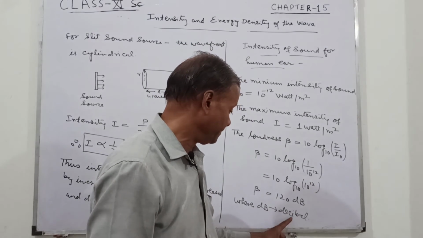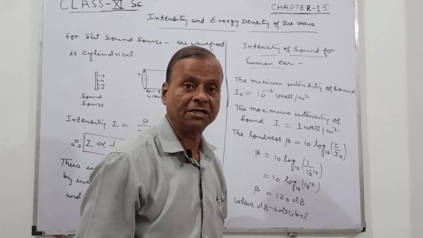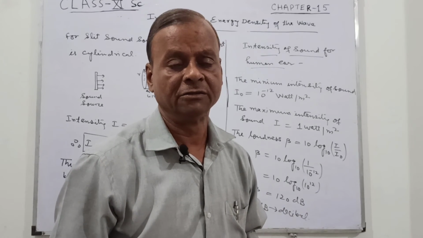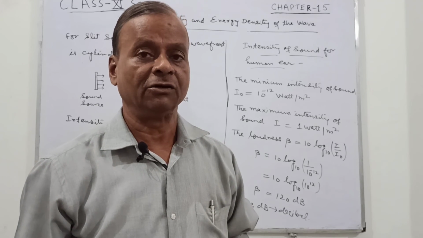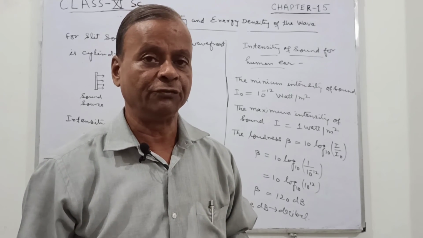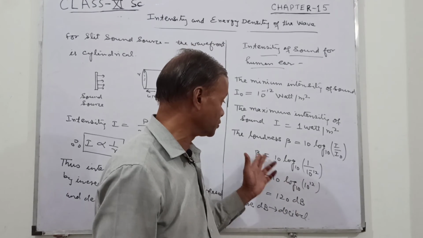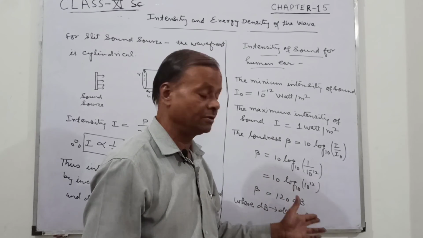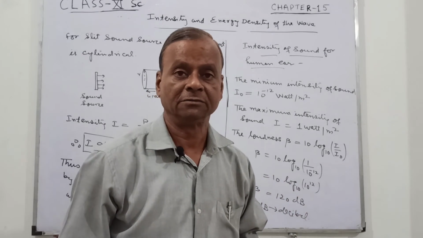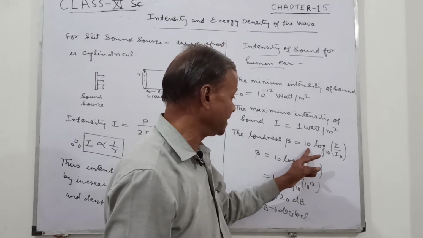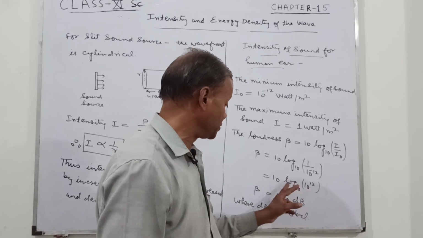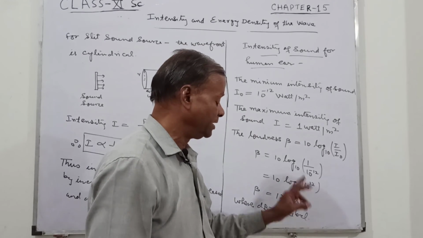Here in decibel, the Bell is the name of the scientist Graham Bell, who discovered the telephone, and in honor of this scientist the unit of the loudness of sound is represented in terms of bell. So 1 bell equal to 10 decibel. So for that we are multiplying here by 10, to convert directly into decibel.